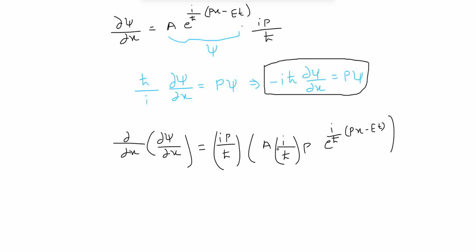But we know that A times e to the power i by h cross (px minus Et) is psi. So from this we get dou square psi by dou x square equal to i into i, which is i square, which is minus 1. So we get minus (p by h cross) square, and as we know, that exponential times A will give psi.